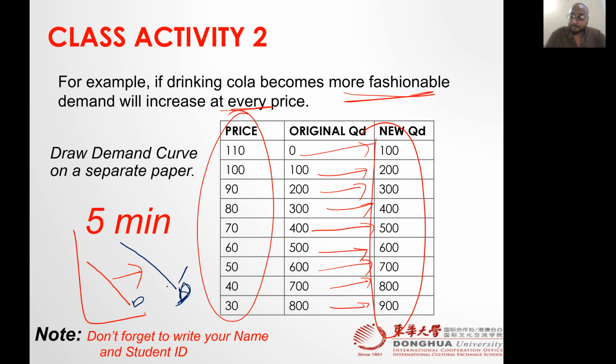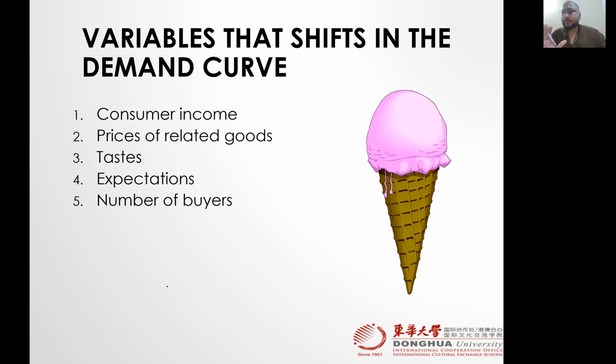Okay, now let's talk about what are those variables which cause a shift. We saw in previous examples, either it is fashion, or the doctor says those who eat ice cream live longer. But economics categorizes 5 factors that cause a shift in the demand curve.